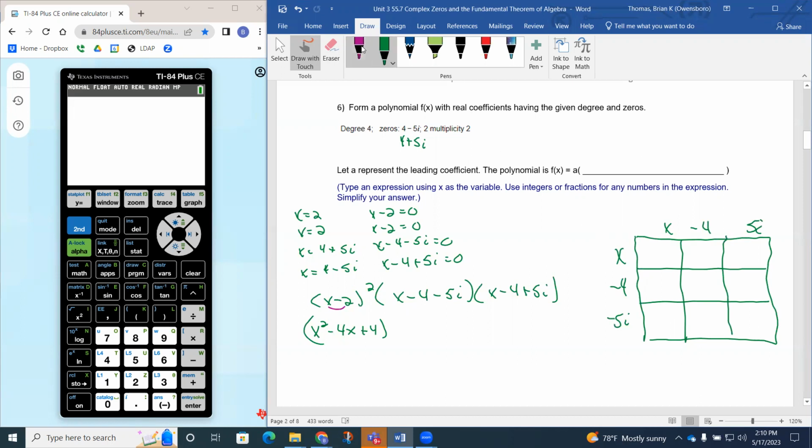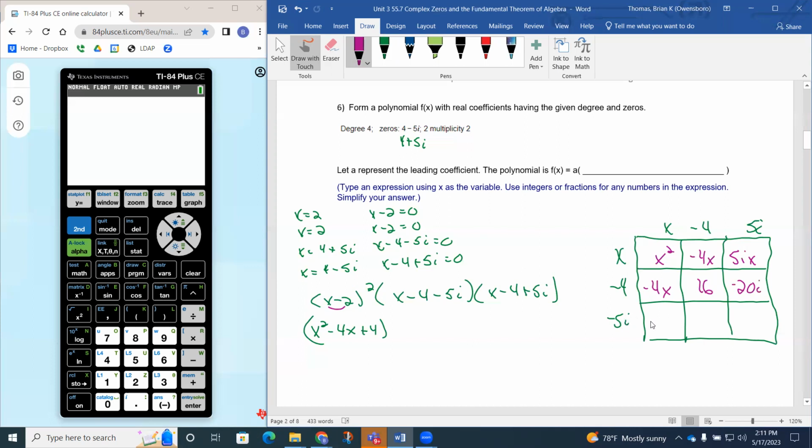So if I bring this through now, x times x is x squared. X times negative 4 is negative 4x. X times 5i, I like to write that as 5ix. Negative 4 times x is negative 4x. Negative 4 times negative 4 is 16. Negative 4 times 5i would be negative 20i.